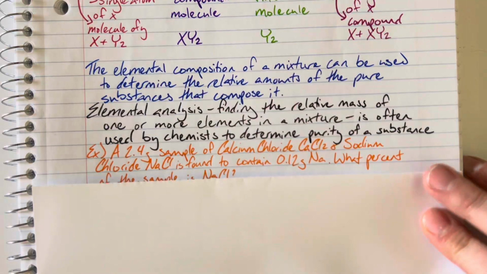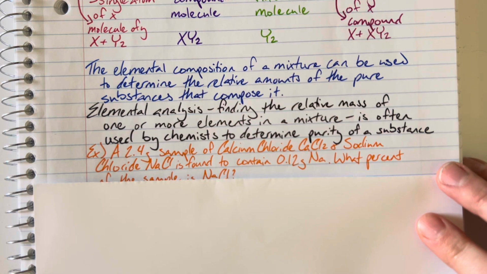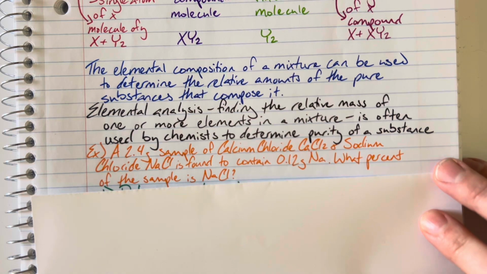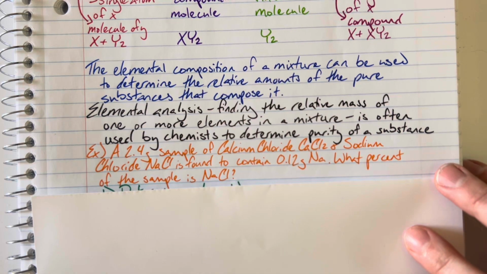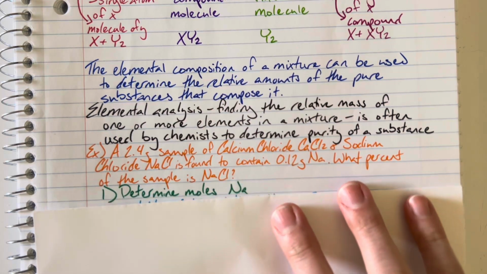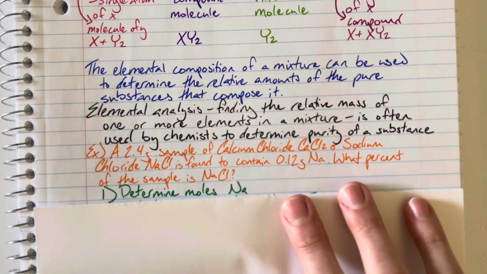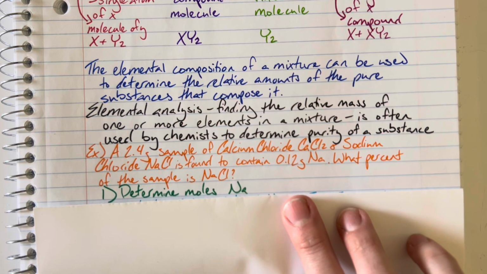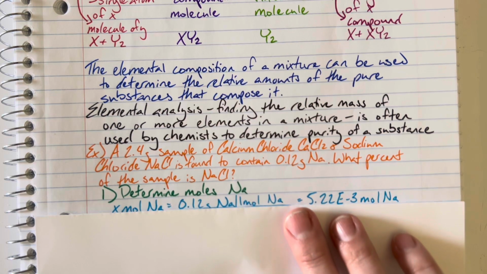So we have a 2.4 gram sample of calcium chloride, or CaCl2, and sodium chloride, NaCl. And it is found to contain 0.12 grams of sodium. Then I'm asking what percentage of the sample would need to be that NaCl. So my first thing that I'm going to do is to go ahead and determine the number of moles of sodium.